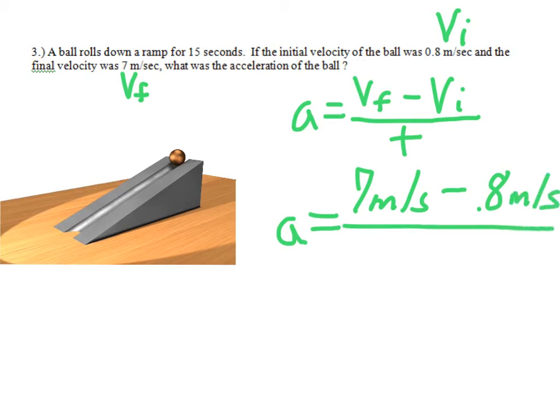Now I need to divide that by the time, but I need to figure out where the time is. In the first part it says a ball rolls down a ramp for 15 seconds. So my time here is 15 seconds. If I do this out on a calculator, the answer I get is 0.413 meters per second squared.